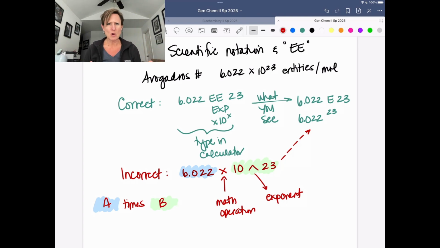So if you've ever had a problem, and I'm going to go through an example here, where all of a sudden you get a ridiculously large or a ridiculously small number, it's probably because of this.